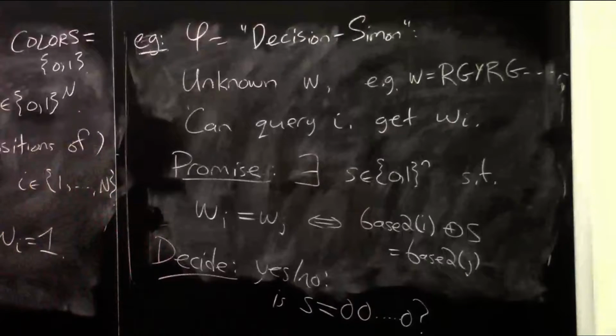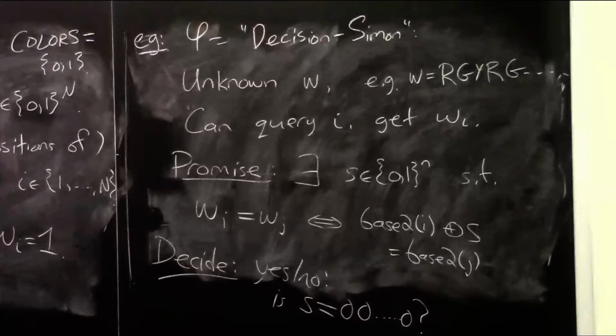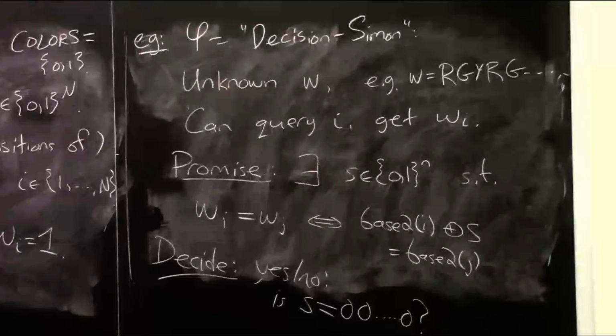Yep? I'm not sure if you've already said this, but doesn't decision Grover give us immediately a 2 to the n over 2 algorithm for SAT? Yeah. Because the decision Grover problem has this familiar property that the computational overhead of running the algorithm is not much more than just the number of queries that are made.